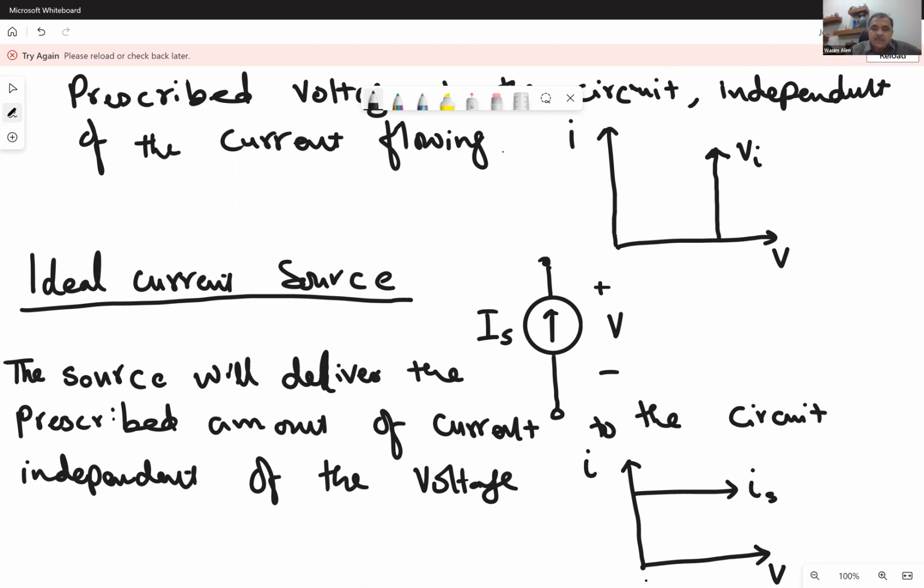Okay. So when the loads come into the picture, then of course we have the current in the voltage source and the voltage in the current source. So that discussion, the power dissipation, will come into picture at that point. Okay.